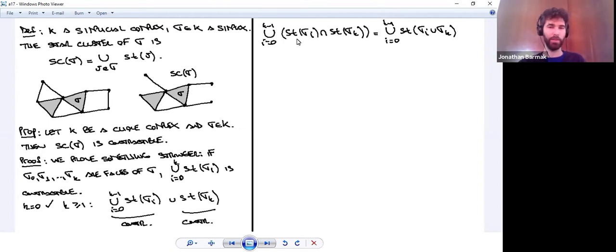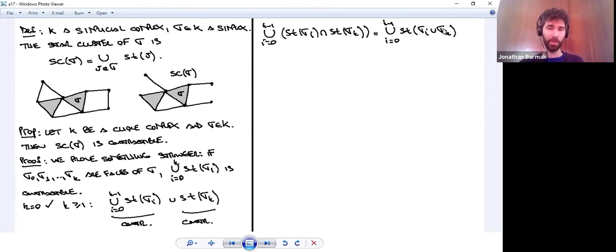Concretely, if we have a simplex tau which lies here in the star of each of them, then in particular, every vertex of tau will be adjacent to all the vertices of sigma_i and sigma_k. But also the vertices of sigma_i and sigma_k are all adjacent because they are both faces of sigma. So by the clique property, we will have a big simplex, which is tau union sigma_i union sigma_k, and this says that tau lies here. Okay, so by the clique property, we have the other inclusion.